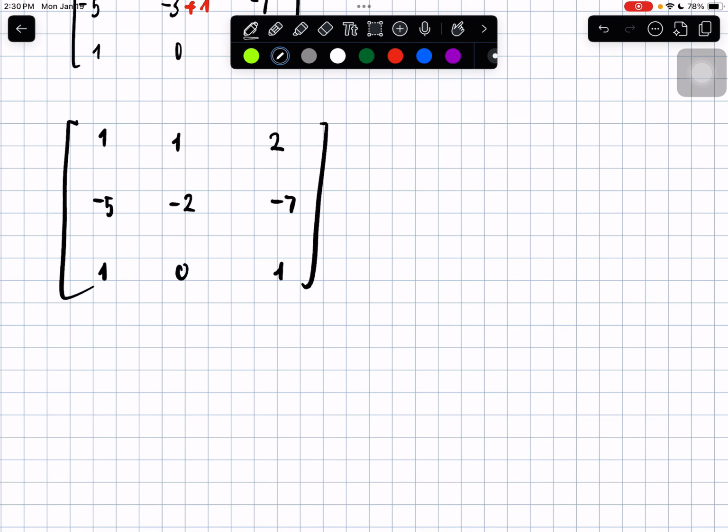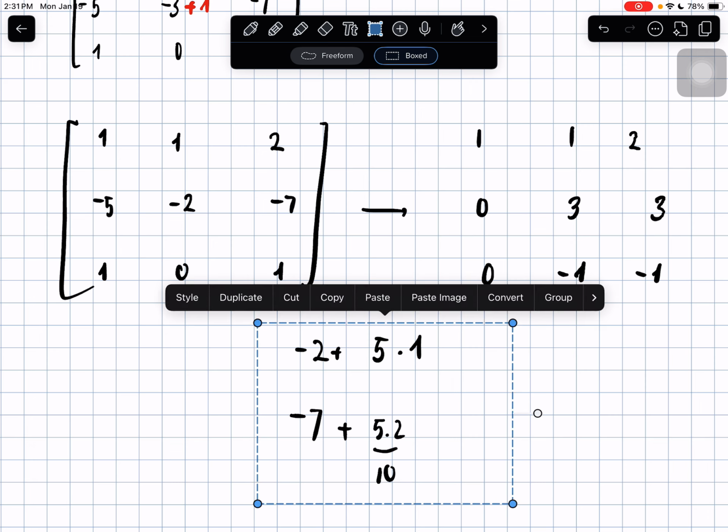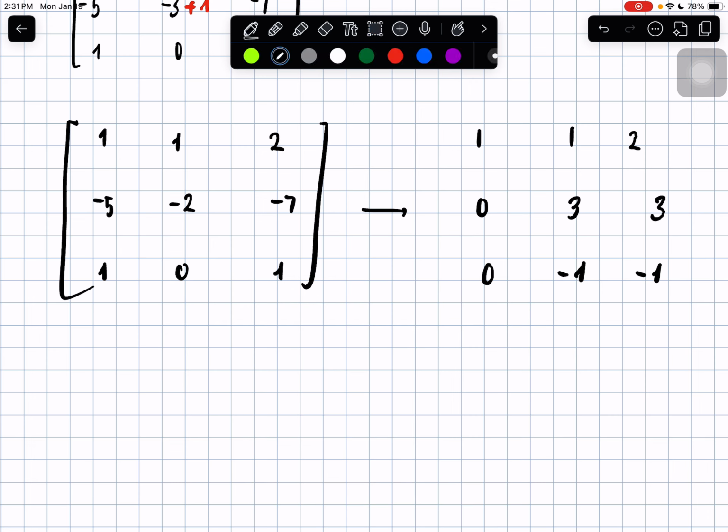We can use Gauss elimination. 1, 1, 2, 0, 3, and 0 minus 1 minus 1. The last two rows are multiples of each other.